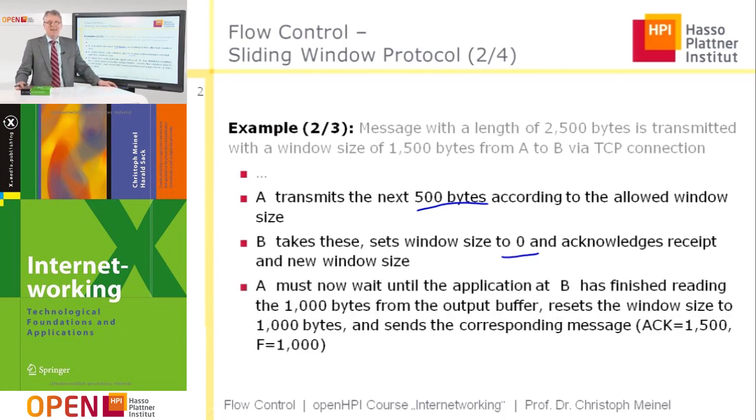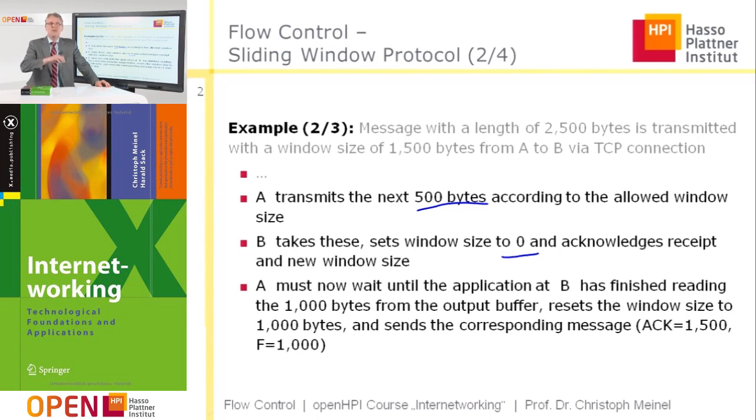Now it makes no sense for A to continue to transfer the remaining 1,000 bytes, because window size 0 signals that B has no space in the input buffer for newly arriving messages. If A would send new messages, B could not put this information into the input buffer, so the sent message would get lost, no acknowledgement would be sent to A, and A has to retransmit.